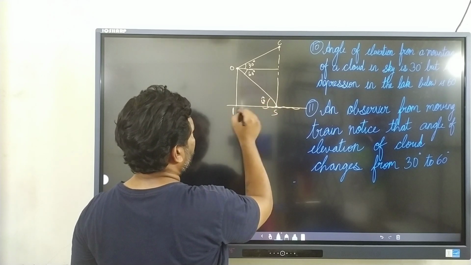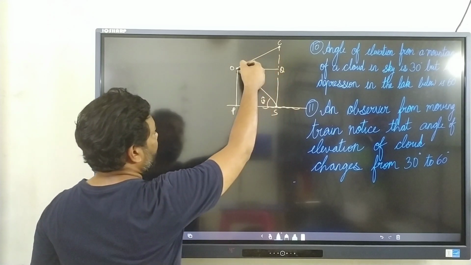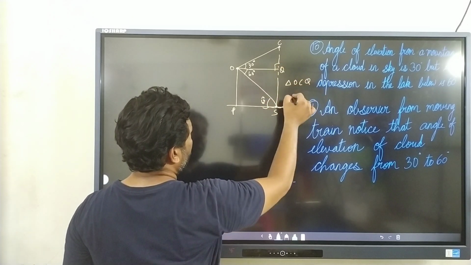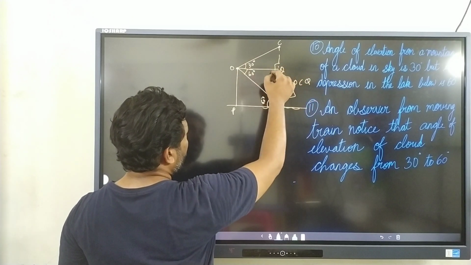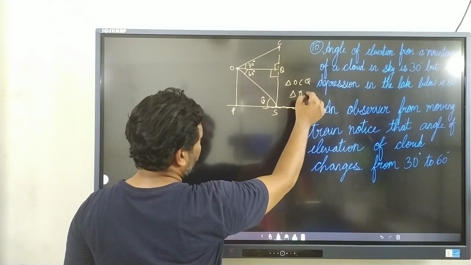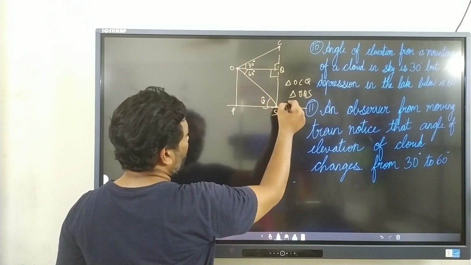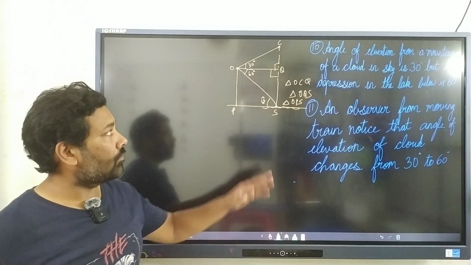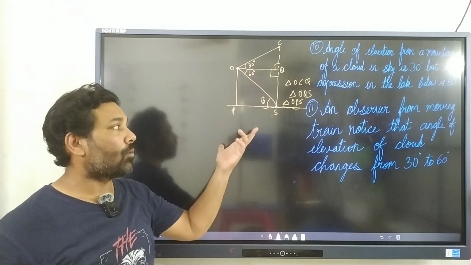We'll have once again a right angle triangle. OCQ is a right angle triangle. Then we have another, OQS, as a right angle triangle, and we also have OPS as a right angle triangle. So now you must use your logic which triangle to use and to find what.